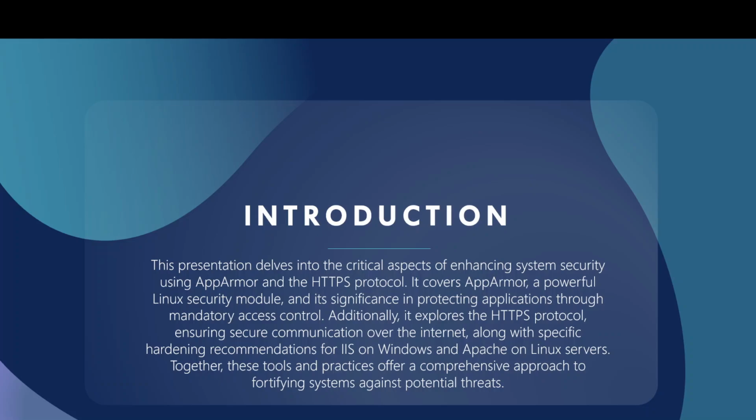Additionally, it explores the HTTPS protocol, ensuring secure communication over the internet, along with specific hardening recommendations for IIS on Windows and Apache on Linux servers. Together, these tools and practices offer a comprehensive approach to fortifying systems against potential threats.